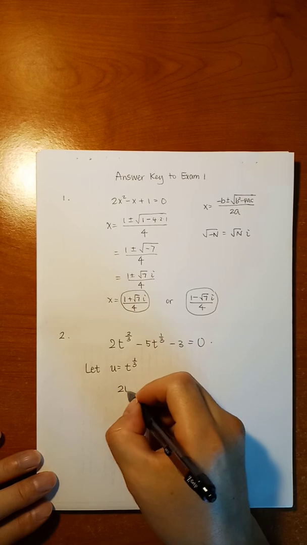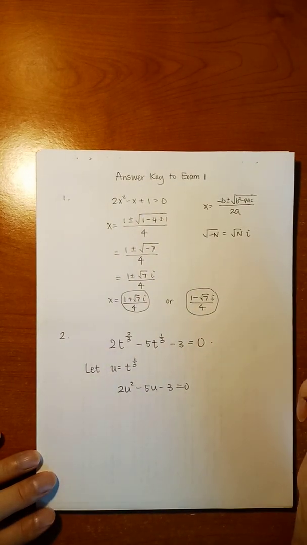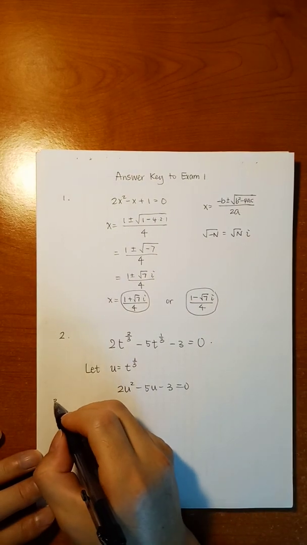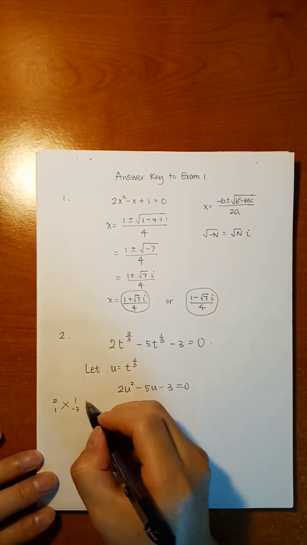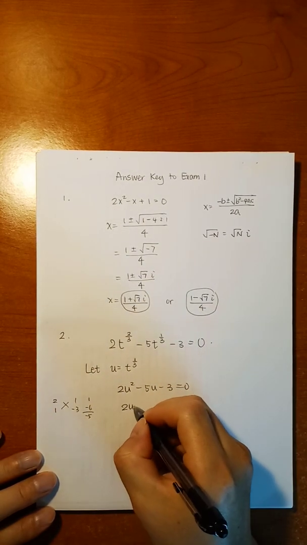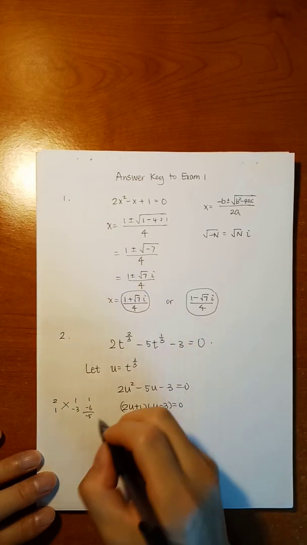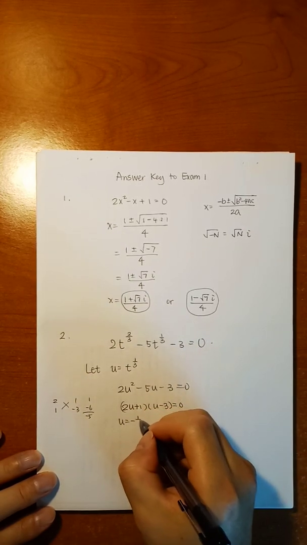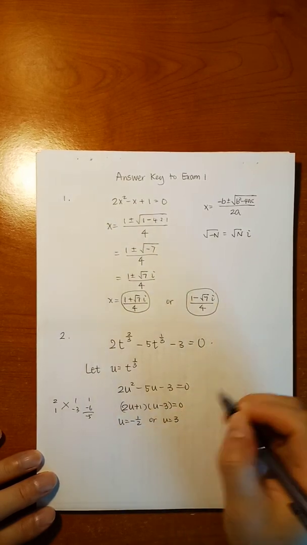So you get 2u squared minus 5u minus 3 is equal to 0. Let's factor it: 2, 1, negative 3, and 1. The products give you 1 and negative 6, which sum to negative 5. Good. So you get 2u plus 1 and u minus 3 is equal to 0. So u is negative 1 half, or u is 3.